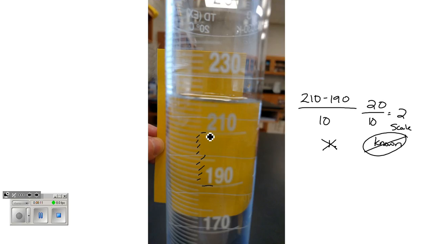So what we're going to do when we make this recording, let's go ahead and make this measurement. We see that here's the meniscus right here. It is somewhere, there's 210, 211, 212, 213, 214. Here's 215. So it's somewhere in between, I'm sorry, I've got that wrong.